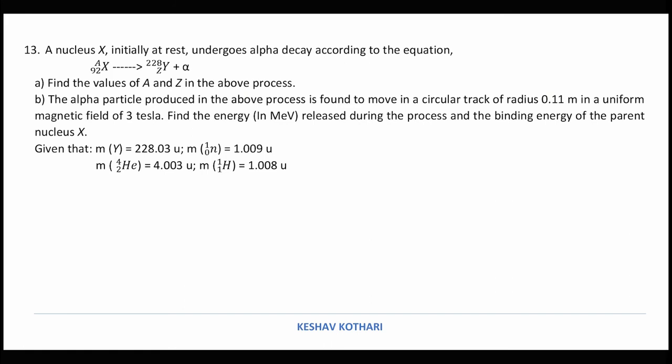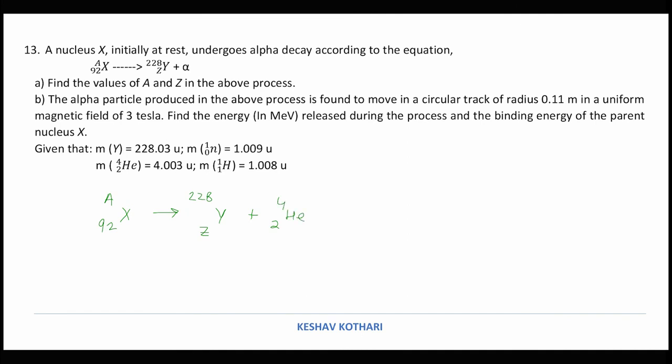The mass of the concerned atoms are given to us. If we begin this problem, the first question is a very basic one, where we can solve from the subscript and the superscript that is provided. So X converts into Y, that is Z 228, plus an alpha particle, so we can write it as 2He4.